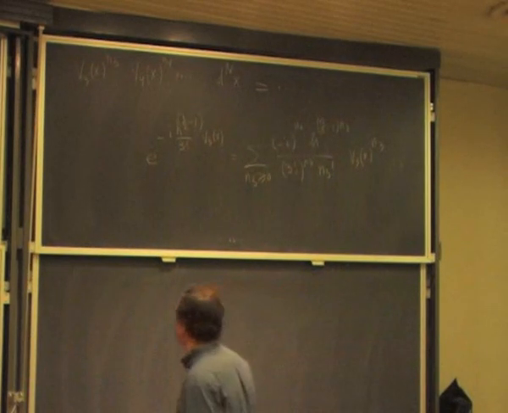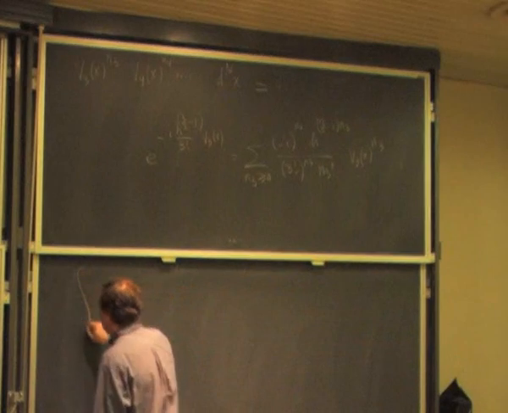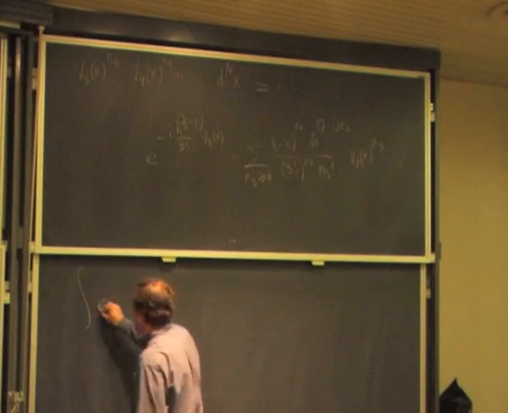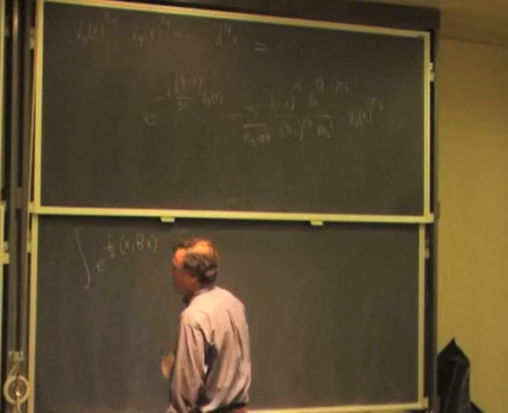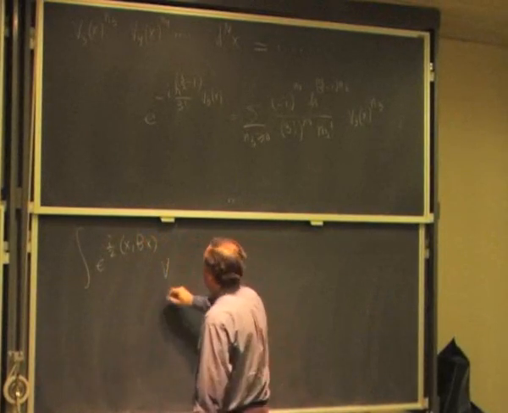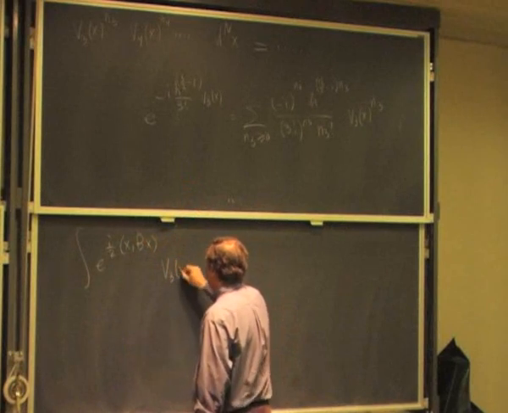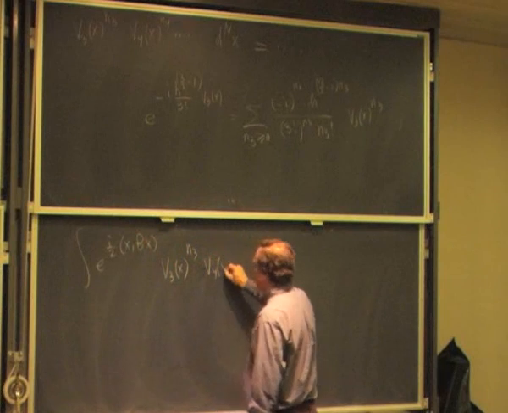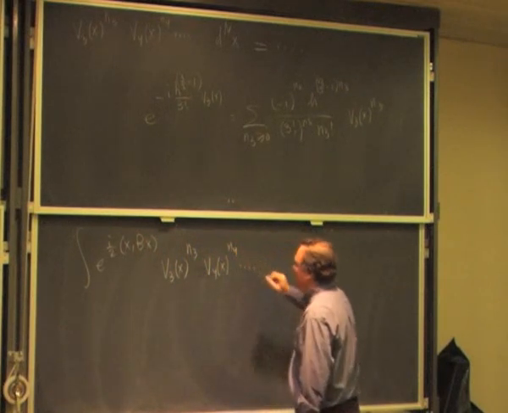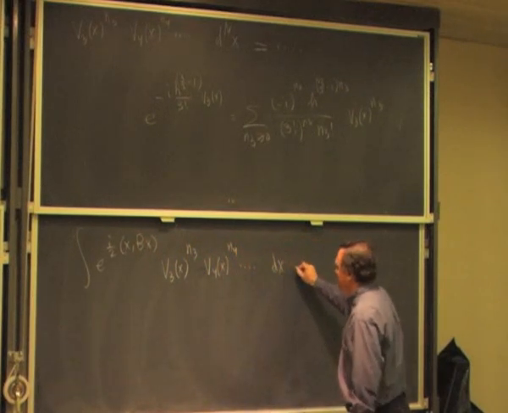Alright, so now let's first look at those integrals. It's i over 2 x dx, and then we have v3 x to the n3, v4 x to the n4, and so on, dx.